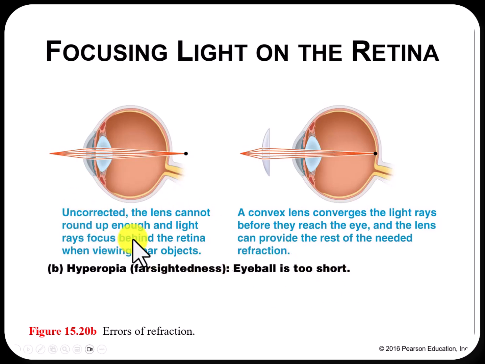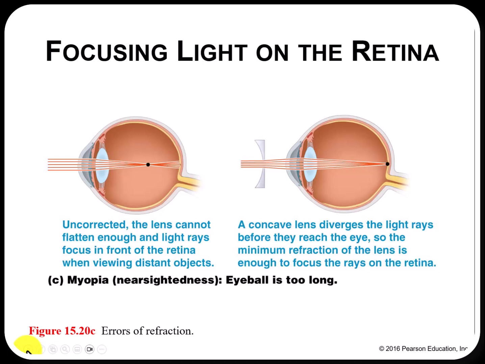To correct a too-short eyeball, you use a convex lens to pull the focal point forward. If your eyeball is too long, myopia or nearsightedness, then you use a concave lens that diverges the light so that it strikes the retina further back. And that gives you clear vision with your glasses.